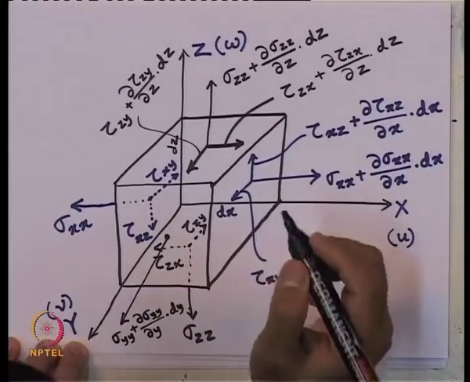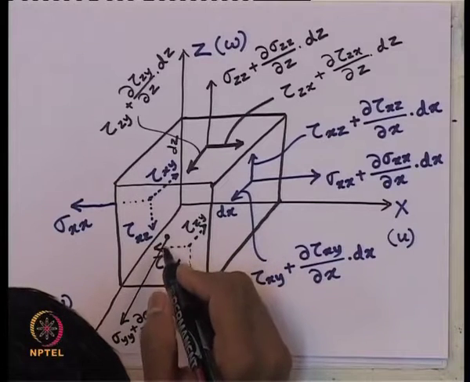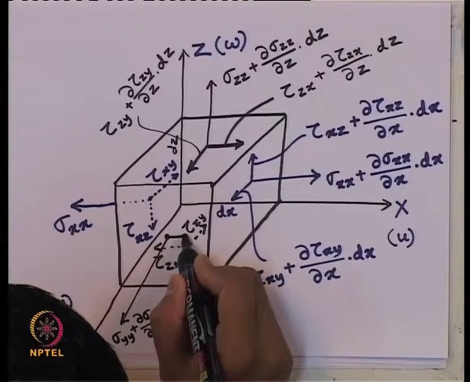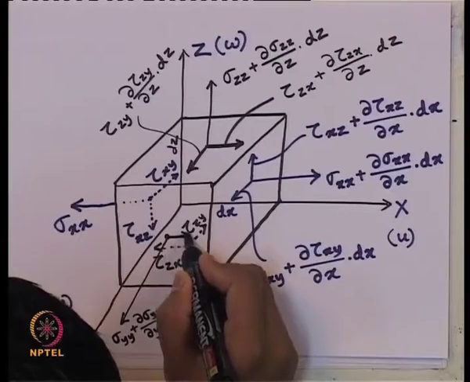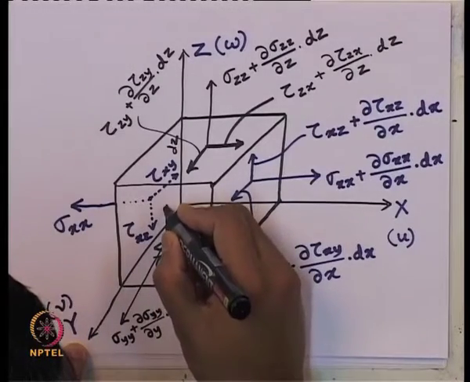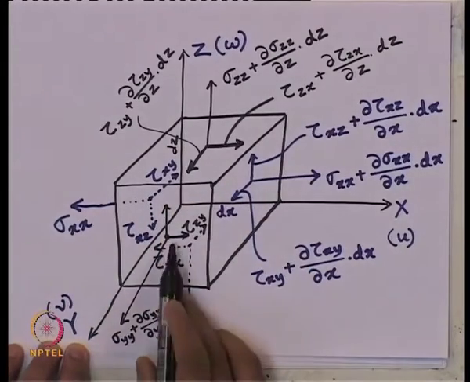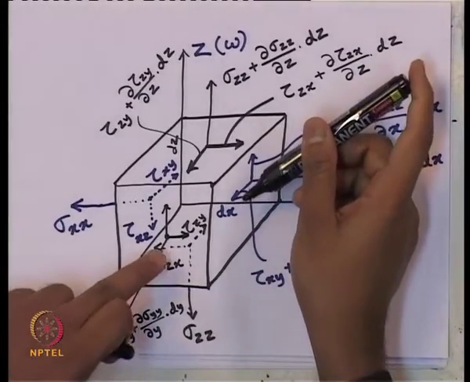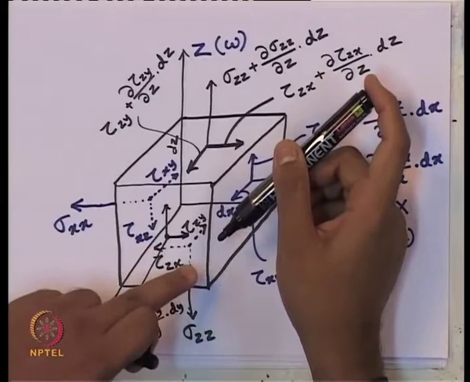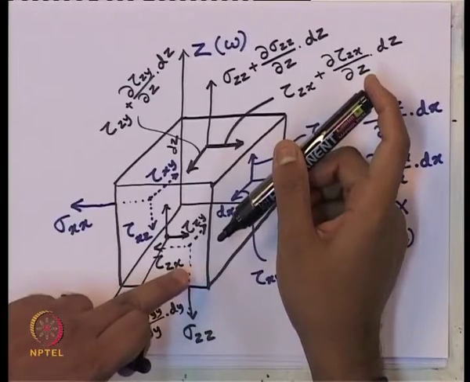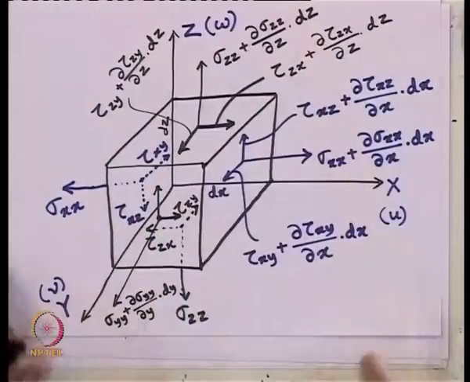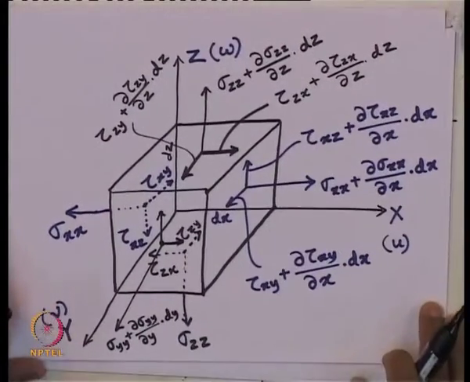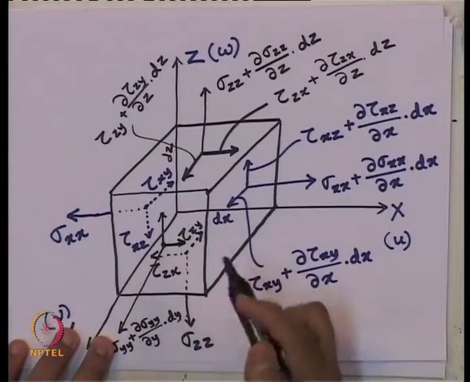Now, shear stresses should be in this direction and in this direction. How are we taking these directions? We have to take them in such a way that this and this are in opposite directions, and this and this in opposite directions. Okay? That balances the equilibrium.